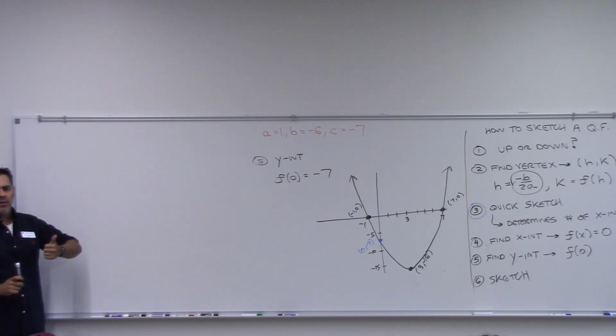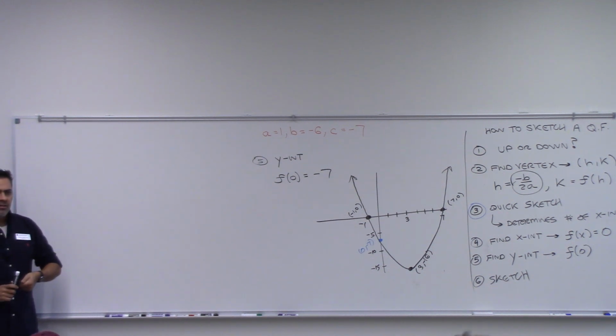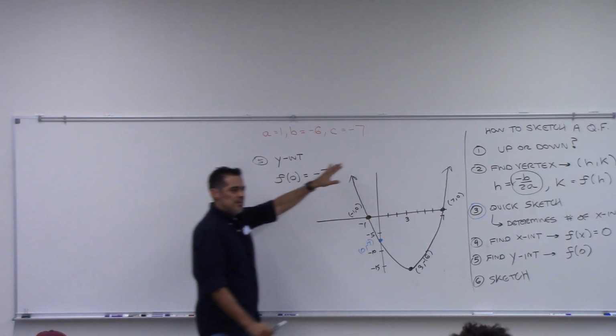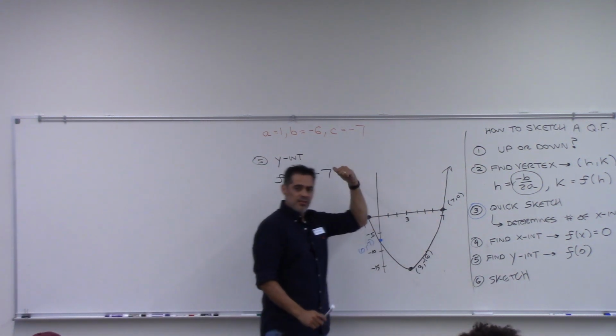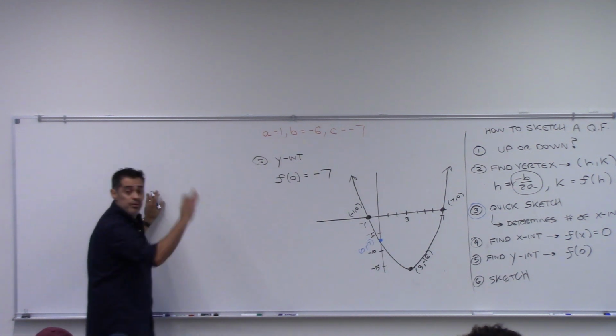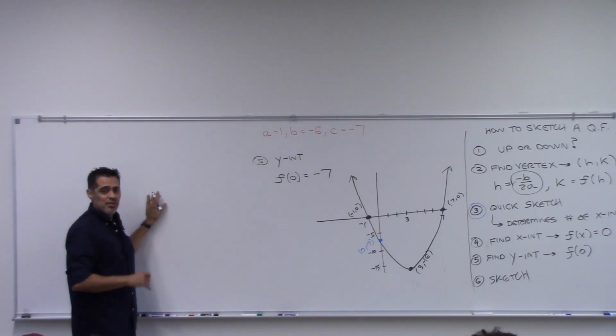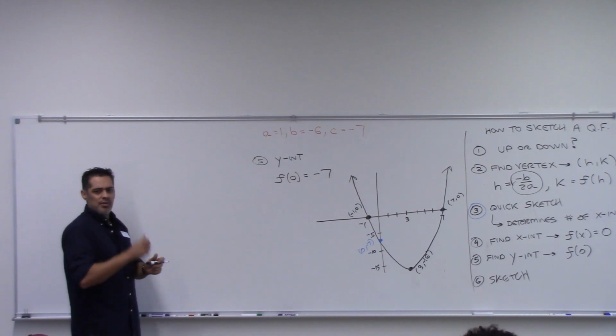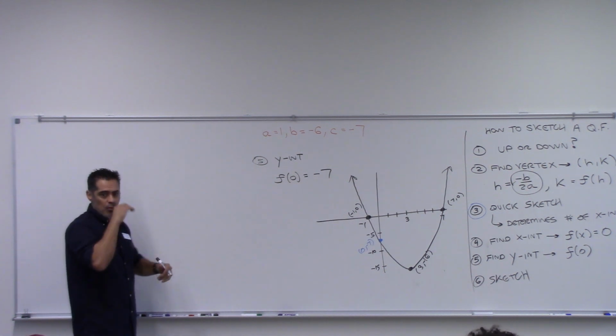These 2 problems I put up here, I want you to turn in next class. I want these 6 steps for these 2 problems, all right? I want you to go through the 6 steps. And then I want a picture at the end. Don't just turn in a picture. I want all the work.